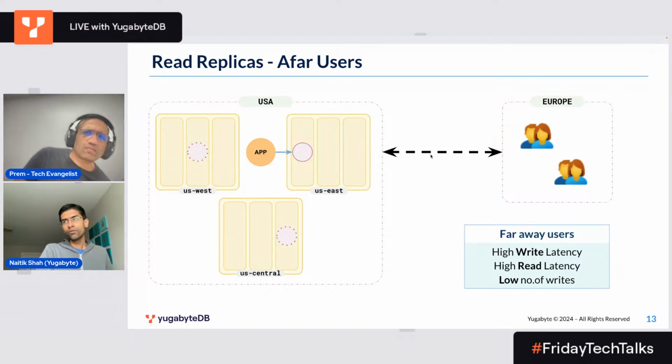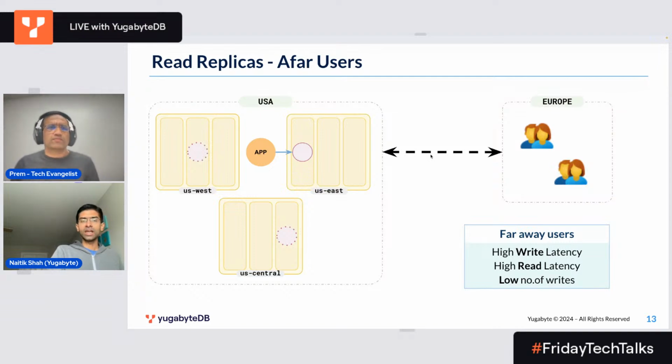So they would typically see higher read and write latency. But in our product, we have assumed we don't have too many writes happening. For writes you would still incur higher latency, but you can at least improve your read latency performance by setting up a read replica.